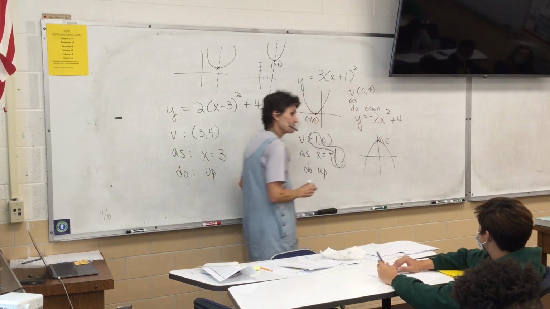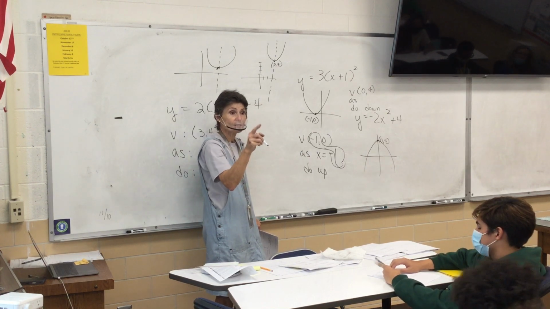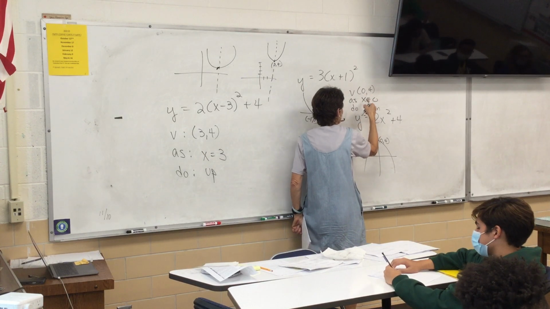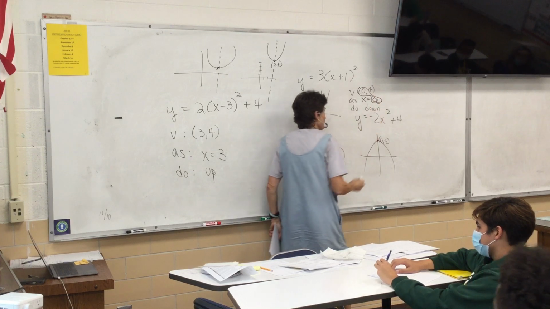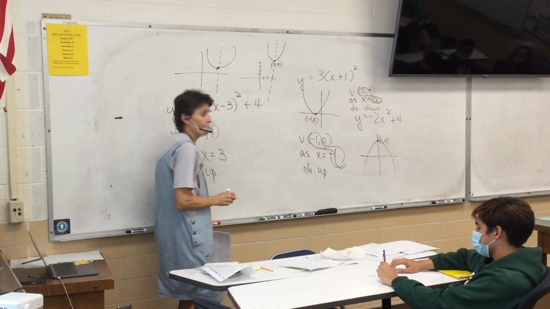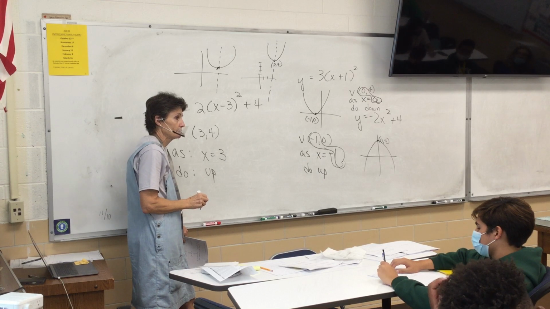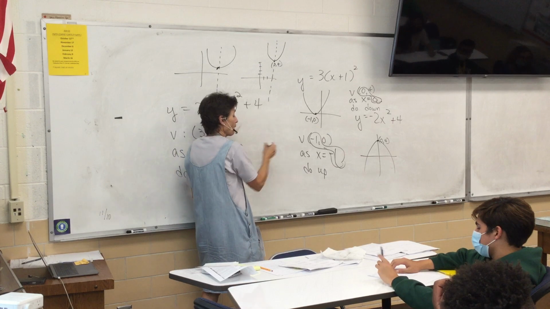What about our axis of symmetry? X equals 0. Remember, it's an equation. X equals this number right there. All right, I don't want anybody confused by that problem.